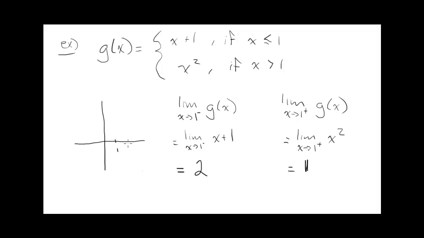So here's the graph of this function. x plus 1 looks like that, but we're only doing it for less than or equal to 1. Oh, sorry, I did the wrong part, right?